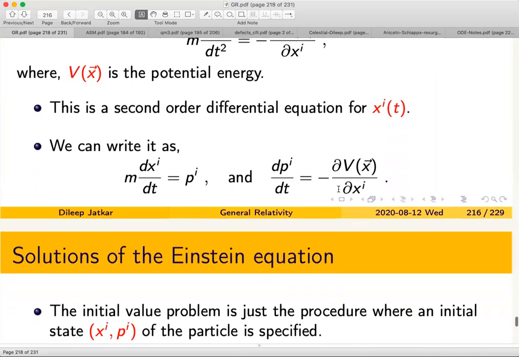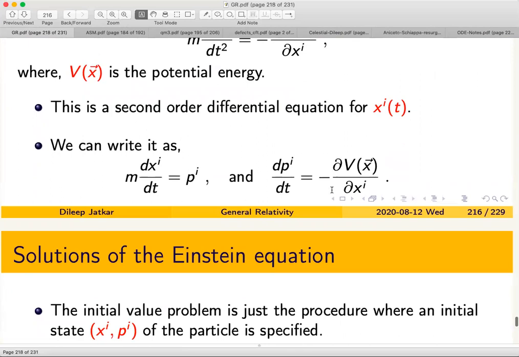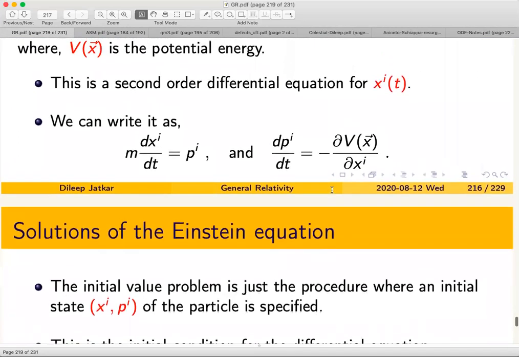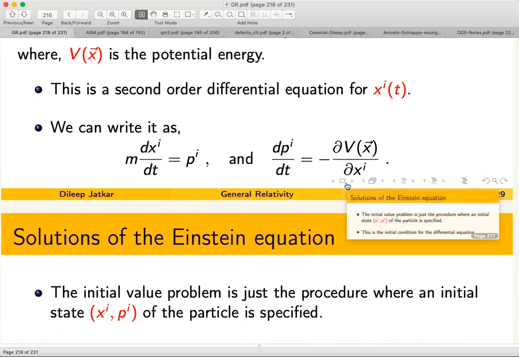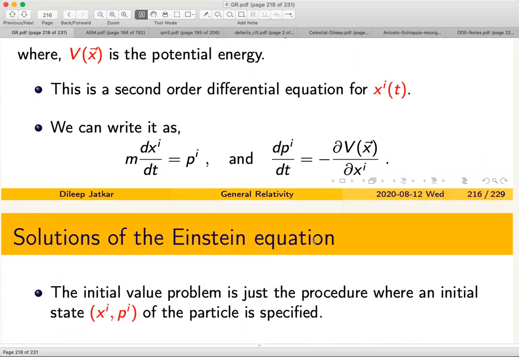now to solve this particular problem, this is just a first order set of equations. So what we need to do is to give some initial values of x_i's and p_i's. Okay, and then just use these equations to evolve the values of x_i's and p_i's. Okay, because if you know the initial value of x and p, then you know what p is on this side anyway, and you know x, then you know what dV/dx is.